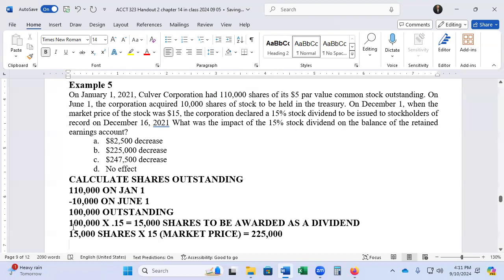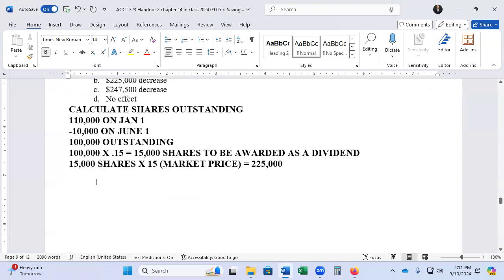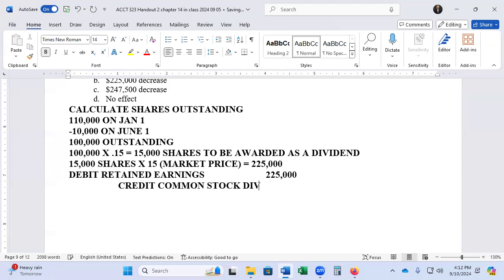So even though this question didn't ask for it, the entry would be debit retained earnings for 225,000, and credit common stock dividend payable, something along those lines, for 225,000.